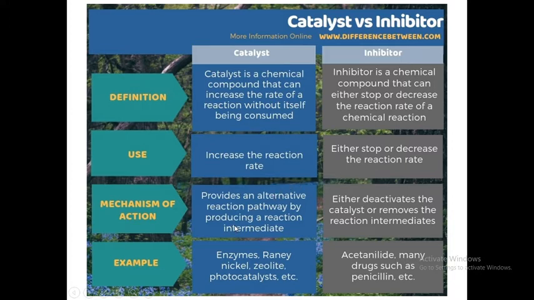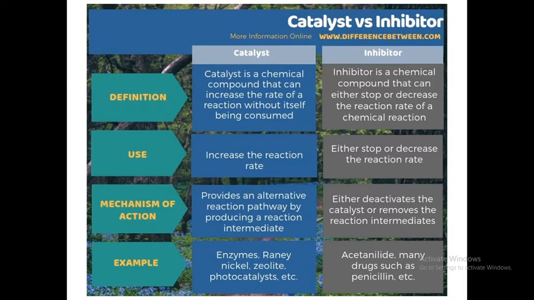Mechanism of action. In the catalyst, the mechanism provides an alternative reaction pathway by producing a reaction intermediate. In the inhibitors, the mechanism either deactivates the catalyst or removes the intermediate reaction.